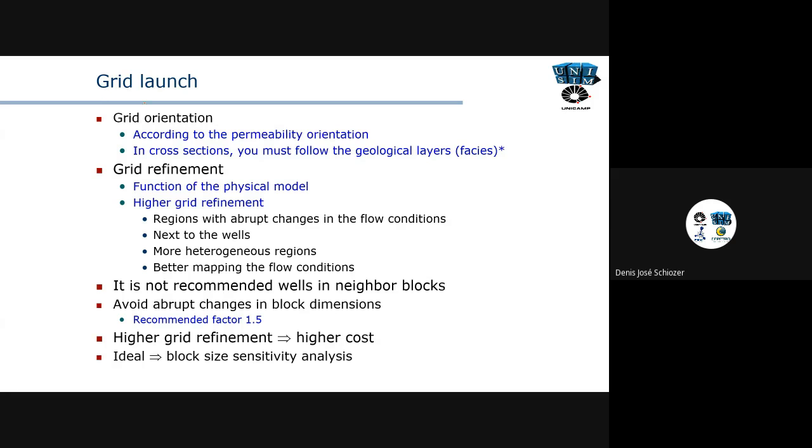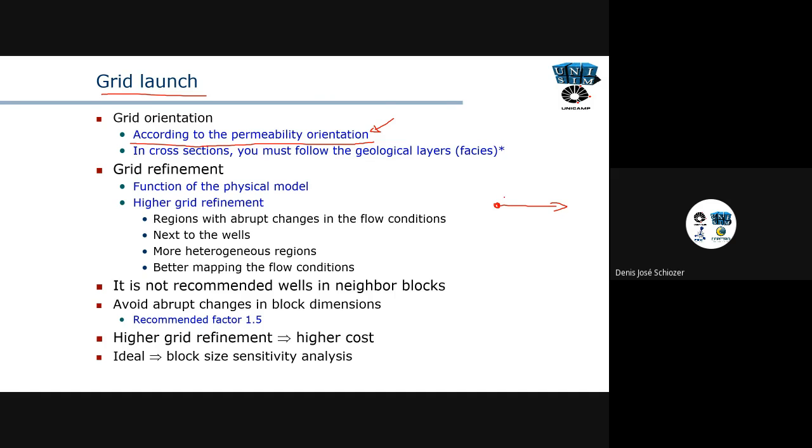Another hint about grid orientations. It's very important for you to try to have a grid orientation that is according to the permeability orientations. Why is this happening? Because the fluid will have a tendency to move in the direction of the higher permeability we have.